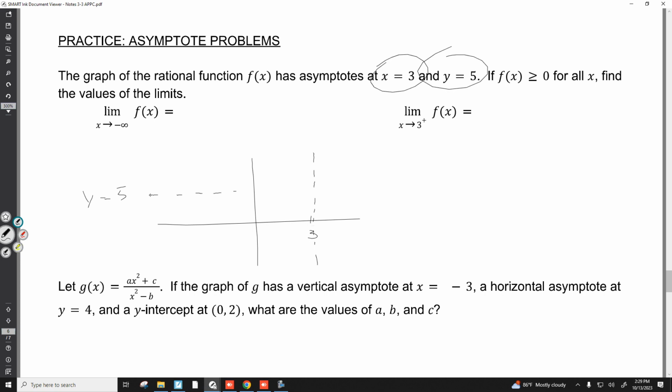x equals 3 must be a vertical asymptote. Since your y's are always positive, to the right of 3, you must be talking about a positive infinity here. y equals 5 is a horizontal line, which means as I go to the left, that must be my end behavior.